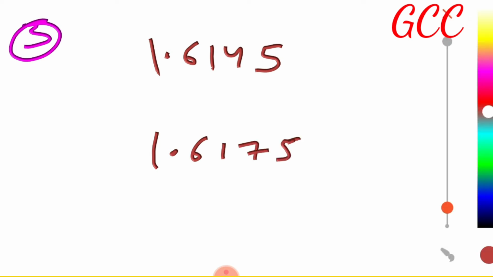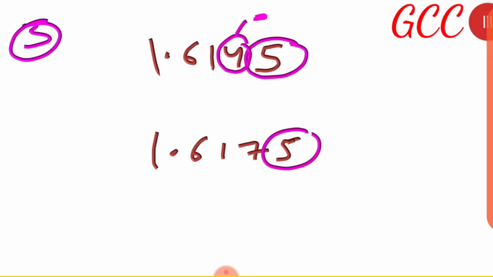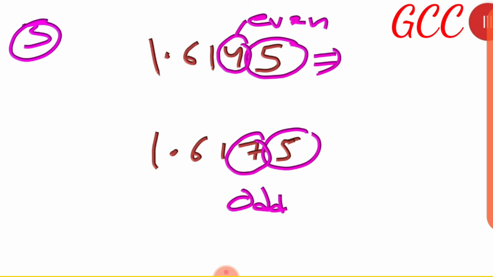See, in both the cases the last digit is equal to 5, but before the 5 the successive digit here is an even digit, here it is an odd digit. So what they are telling: when before 5 there is an even digit, then your successive digit will remain the same.